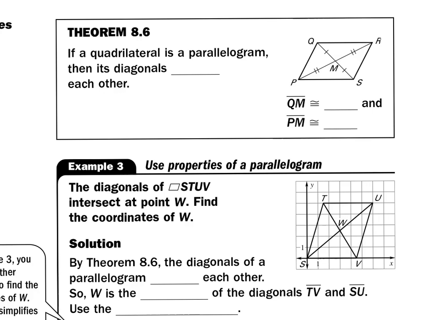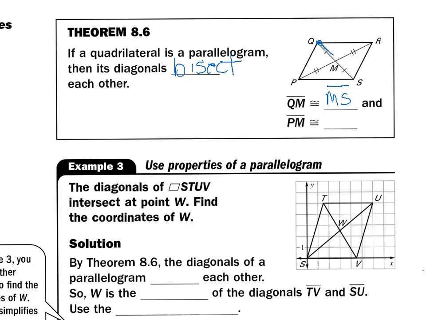Okay, theorem 8.6. If a quadrilateral is a parallelogram, then its diagonals bisect each other. So segment QM is congruent to segment MS. Oops, what did I do wrong here?